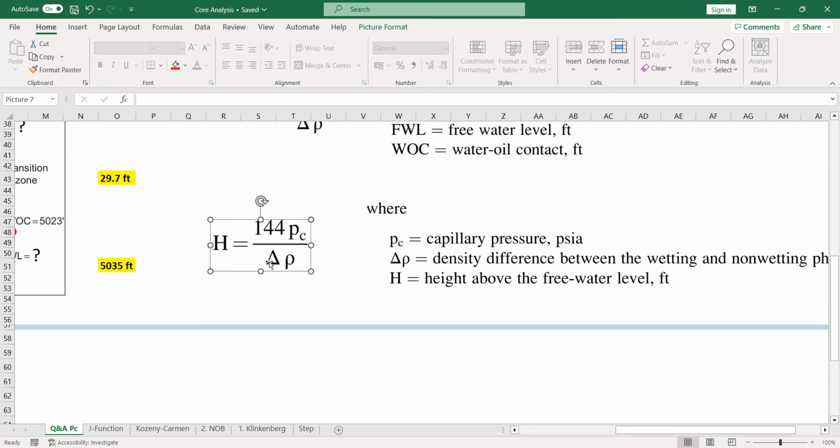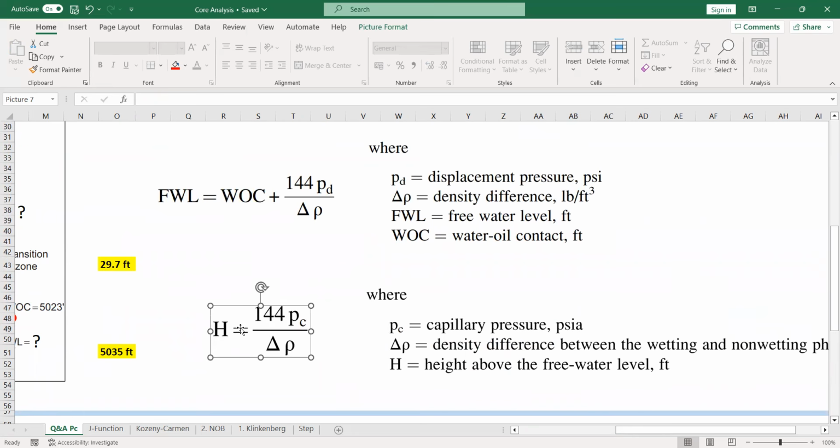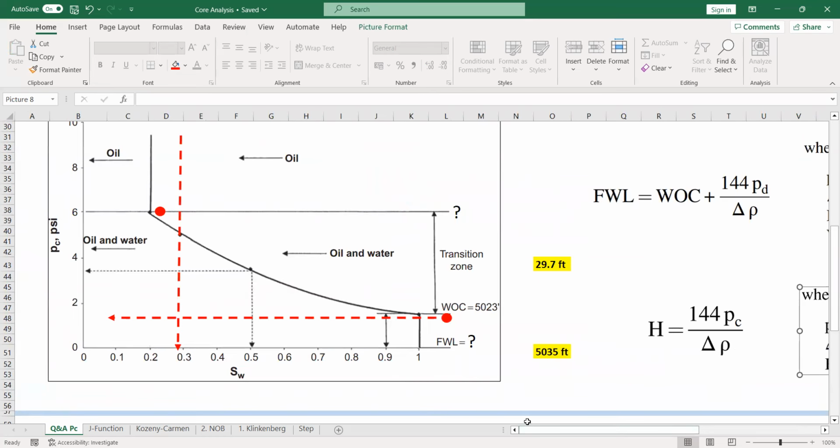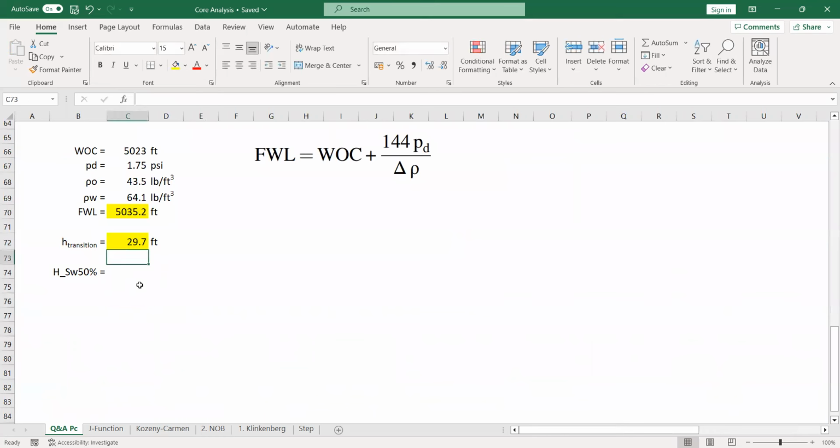We already have this actually. So H, the symbol is big H. It's 144 multiplied by the capillary pressure and then divided by the density difference. It's the height above the free water level. So it's very easy. Just use H instead for simplicity.